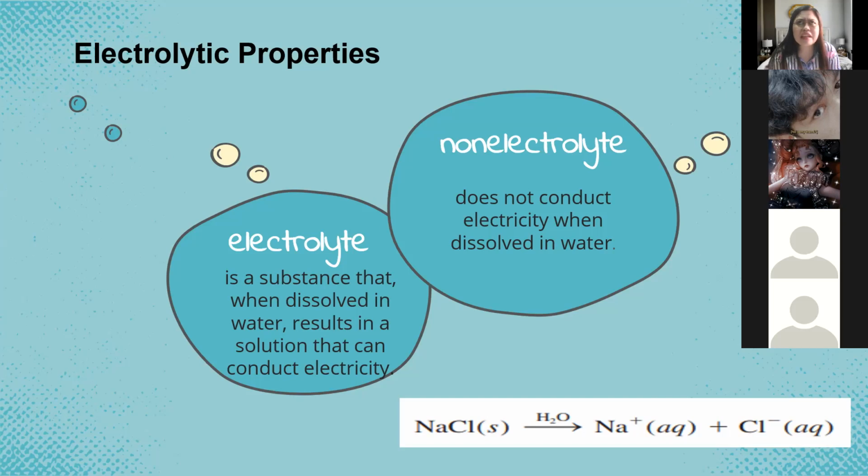So bakit sila tinatawag na energy drink? Because they contain caffeine. Again, they contain caffeine, and the reason why we drink those things is to keep us awake, to keep us stimulated the whole day, for example.